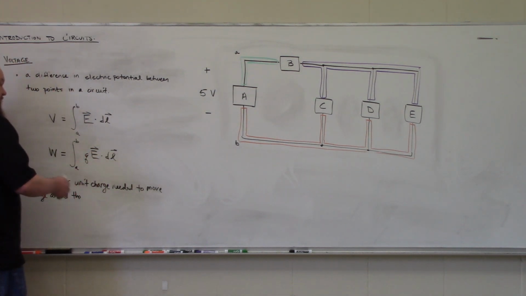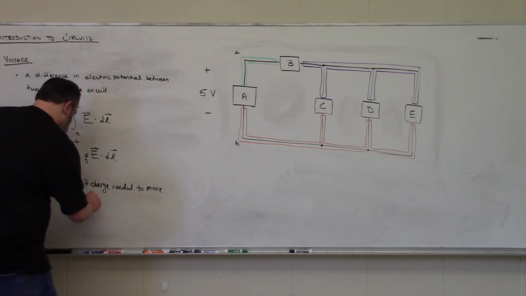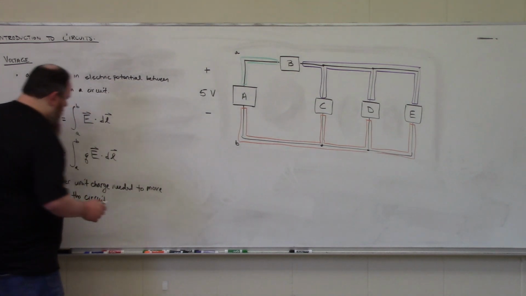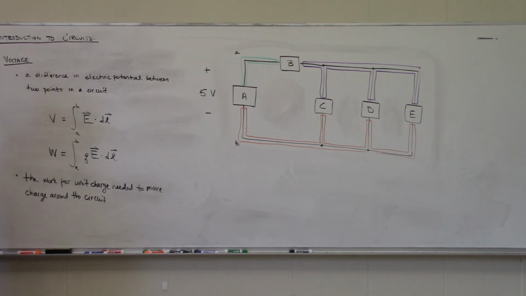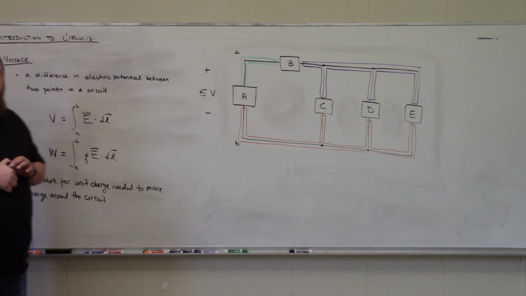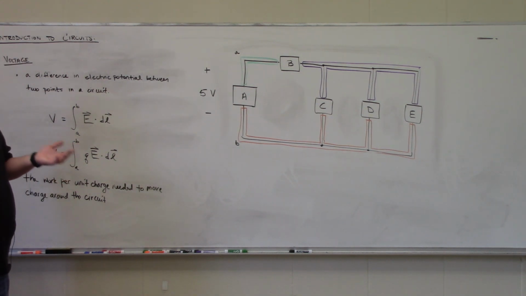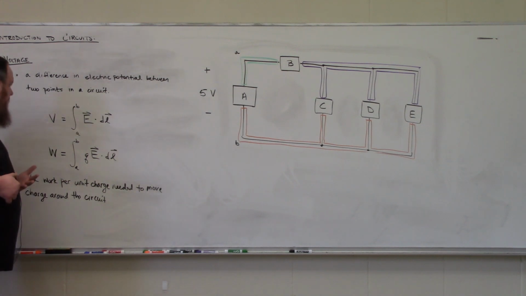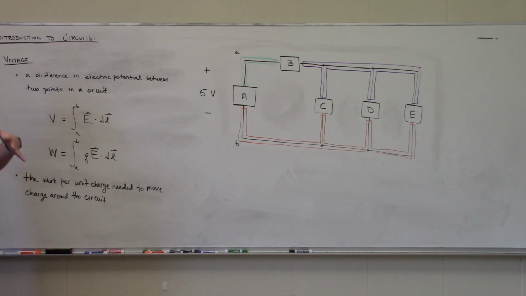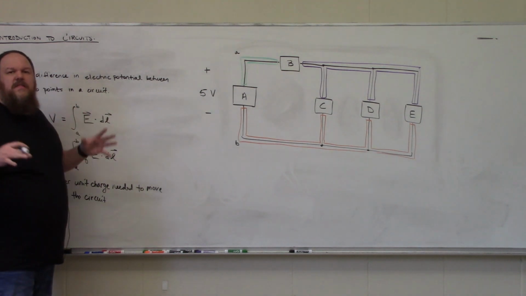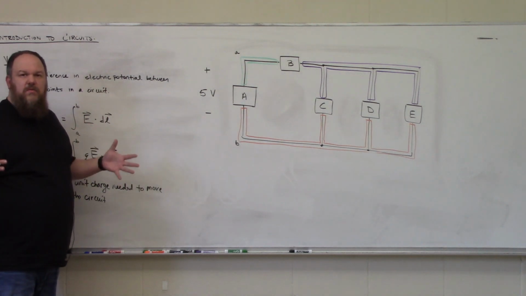Particularly in this case from point A to point B. And this definition here, I like it because it relates voltage to our next topic of interest, which is current, okay? Voltage is what's providing the push that causes current to flow, right?